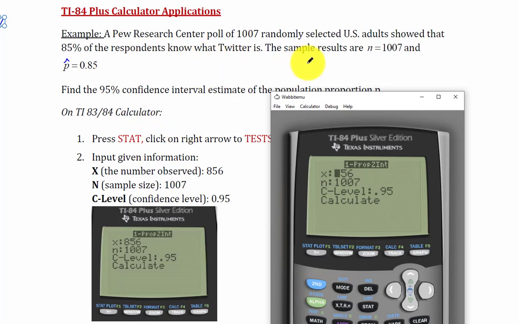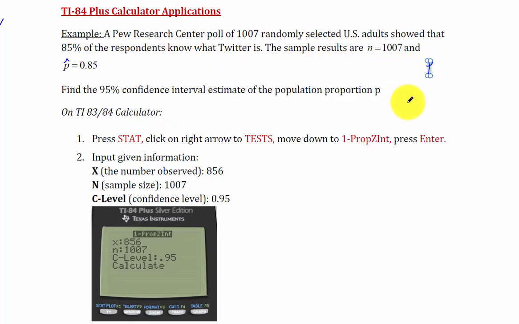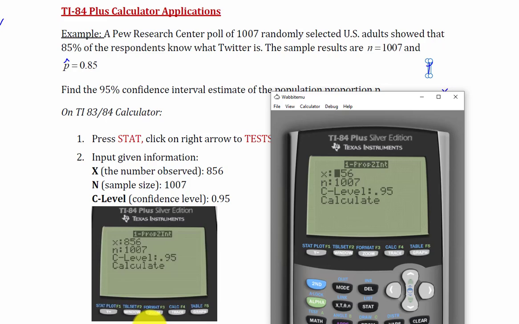Recall that p hat is x divided by n, so x is the number of the observed, so 856 divided by the total 1007 should give me 85% for that. And then n is just the sample size, in this case 1007.